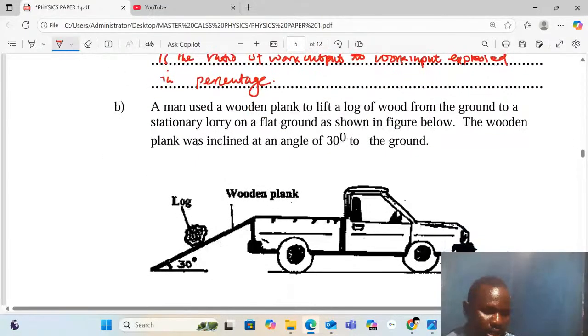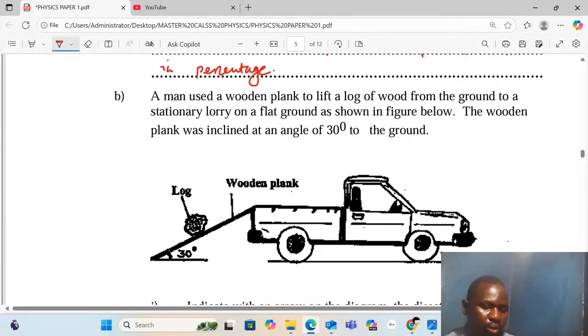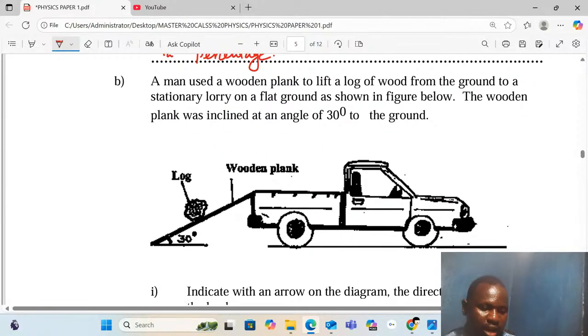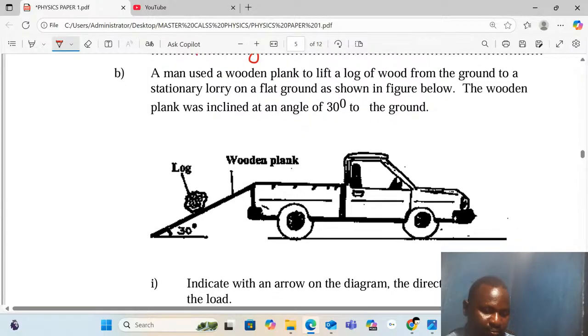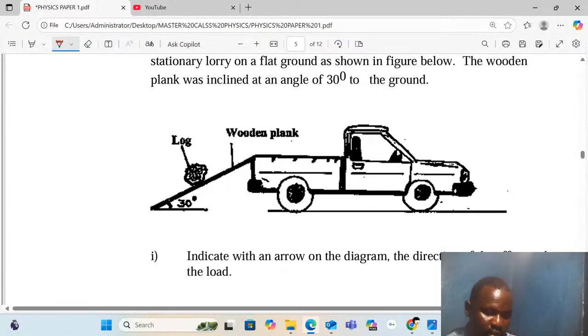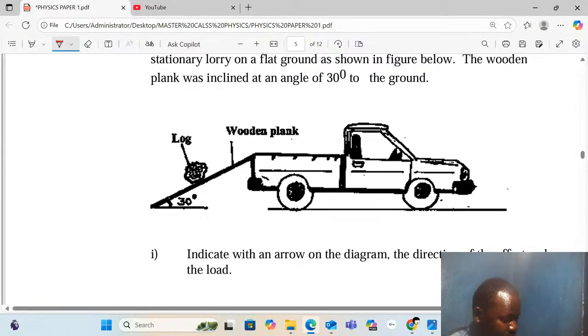Part B: a man used a wooden plank to lift a log of wood from the ground to a stationary lorry on a flat ground as shown in the figure below. The wooden plank was inclined at an angle of 30. Then you are told, indicate on the diagram the direction of the effort and the load.